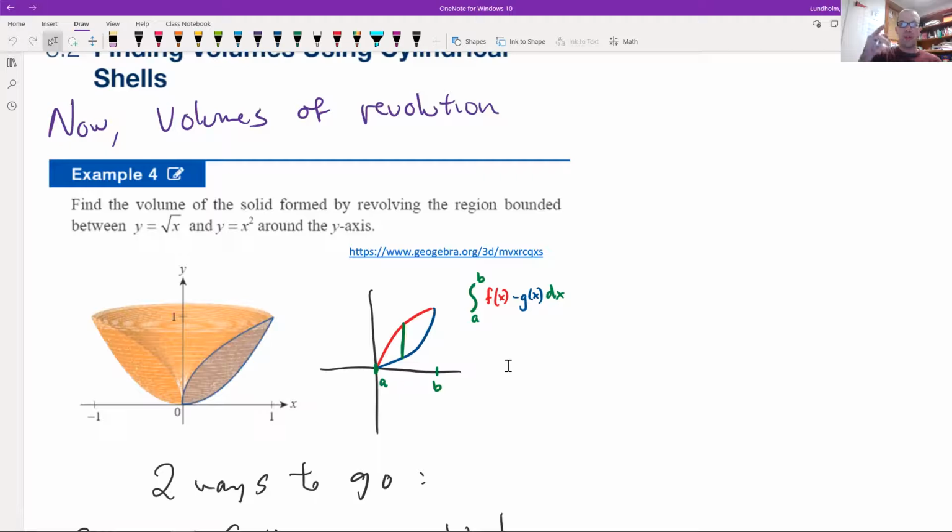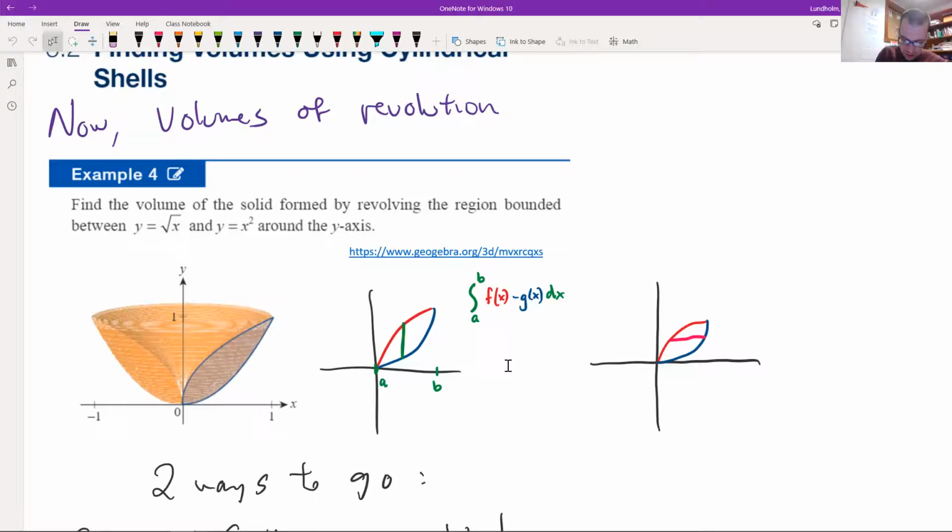We could also alternatively do this using dy. I know that we haven't done it too much, but let's do this again. Now if we were going to do this with dy, our rectangles would be lying on their sides and we would be imagining adding up this way with a bunch of little rectangles.